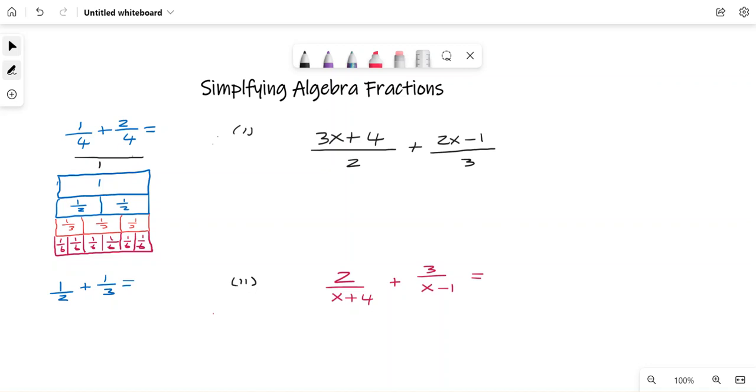And what we do is we take this number here at the bottom, we divide it into it, and then we multiply the top by the answer. So for example, 4 divided by 4 is equal to 1, and then 1 multiplied by 1 is just 1.